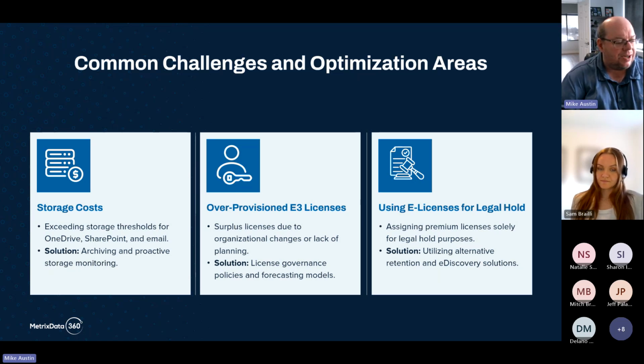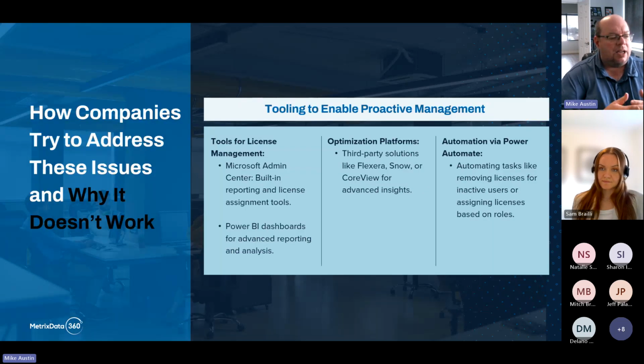So these 6 things are costing organizations a substantial amount of money, and they try to address them in a couple of ways, right? One of the things they try to do is use the Microsoft Admin Center for managing this. The challenge there is that the visibility in the admin center is very limited, and it's segmented.